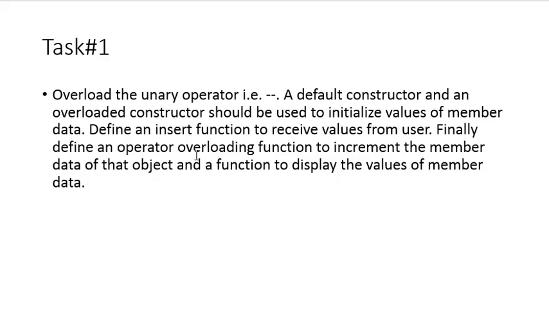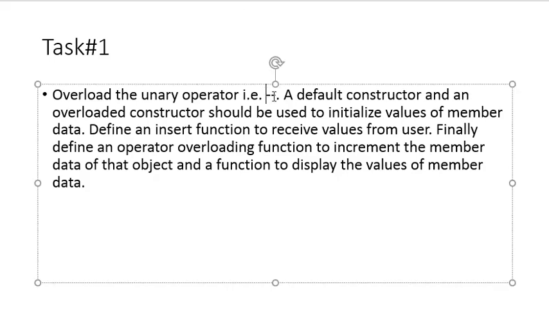Finally, define an operator overloading function to decrement the member data of that object, and an object to display the values of the members. You have to do the same as mentioned in the example. You will do the same in the task in lab number 6.